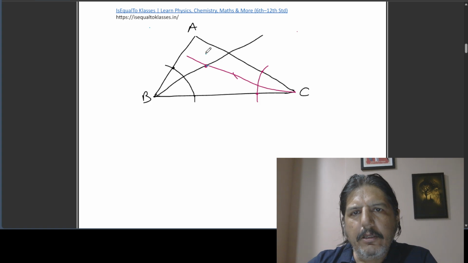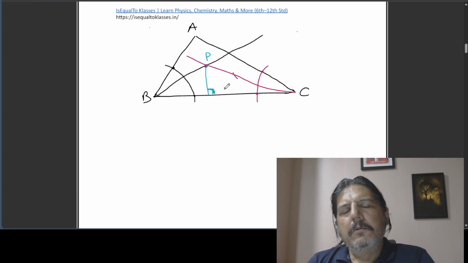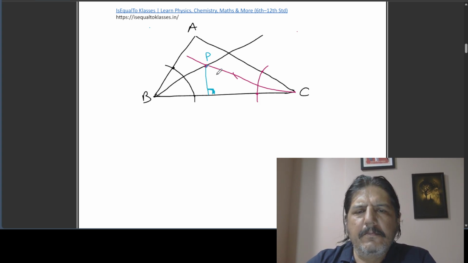Now, from this point P, you have to draw 90 degrees. Using your protractor, you can draw this line which is 90 degrees.